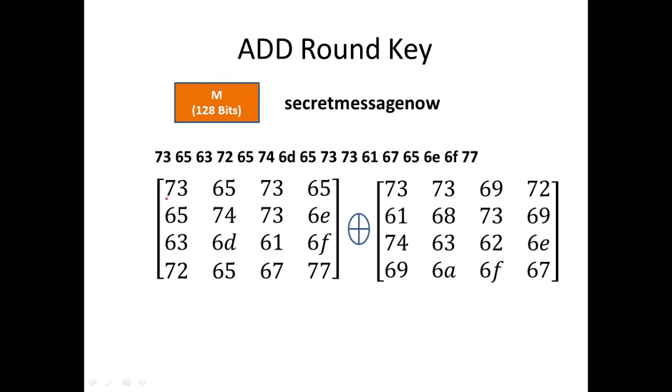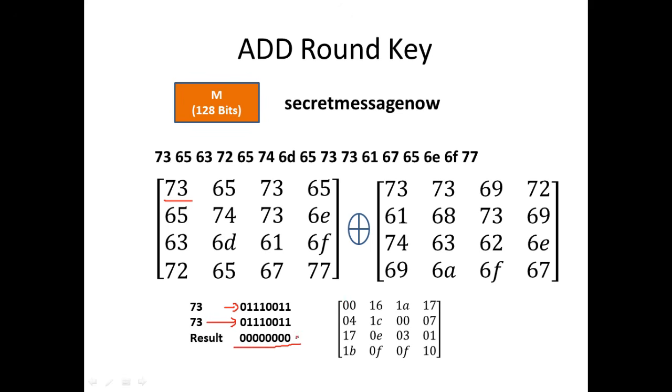So how do you perform an XOR? You take 73, have the binary representation of 73. Likewise, you have 73, you have the binary representation. What is an XOR? Only when one of the bits is a 1, your output will be a 1. So the result will be all zeros.